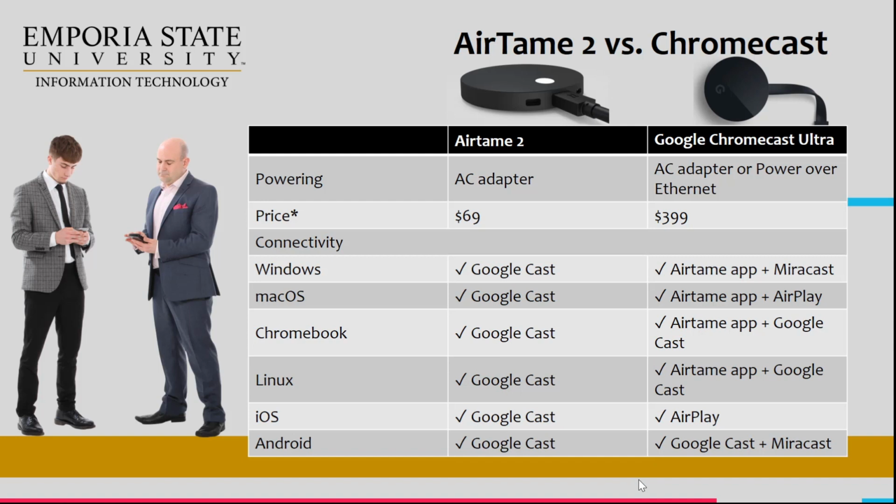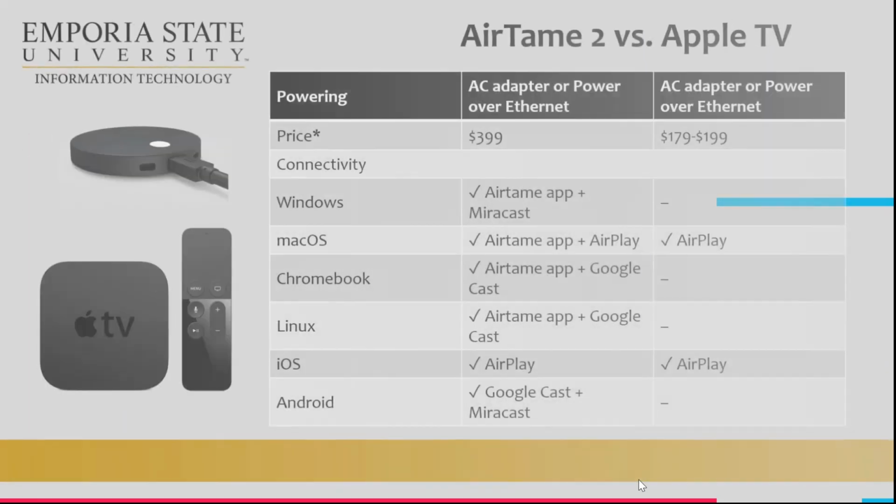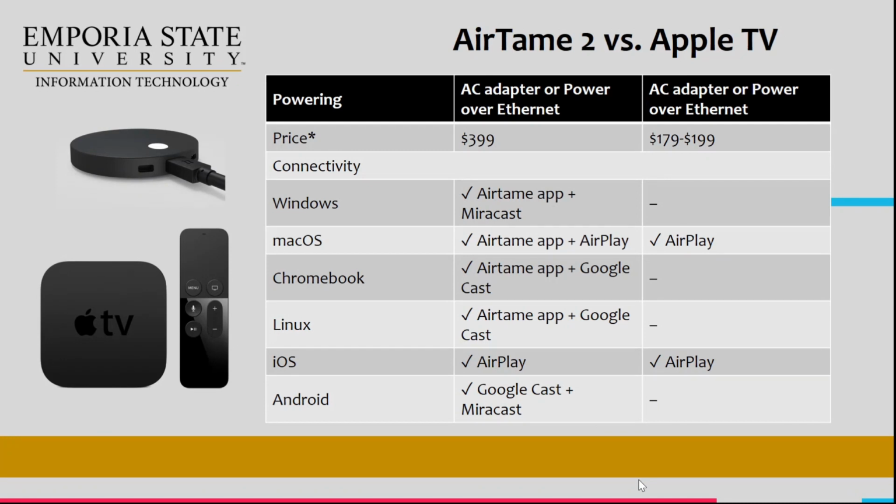The same would apply to using products such as the Apple TV. Here you can see there's a much lower cost associated with the Apple TV, but they only usually natively cast and play nice with Apple devices that have AirPlay built into them. They're a lot harder to make work with devices that use Windows or things like Chromebooks and Android phone systems.